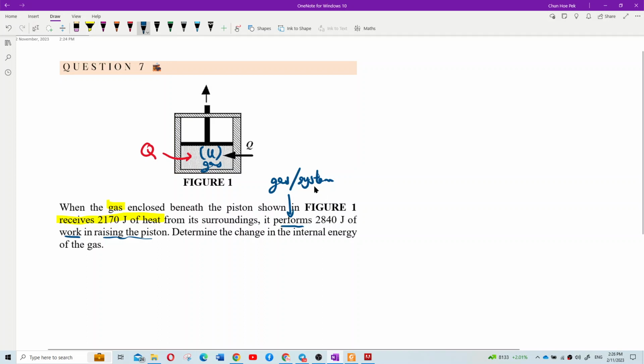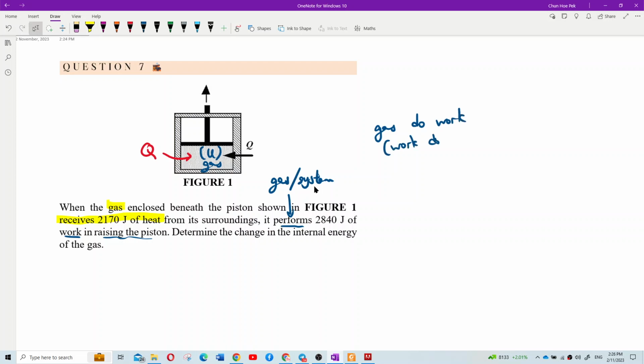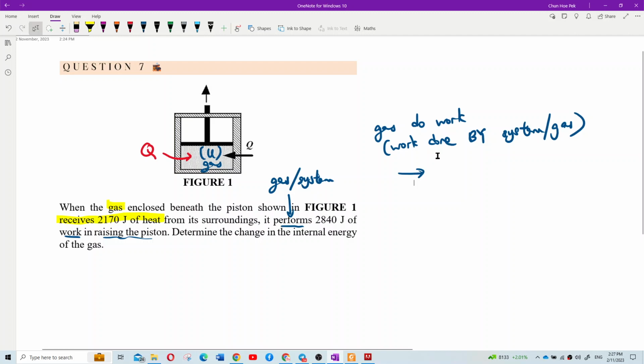If the gas does work, or we can say work done by system, or work done by gas, does the gas gain energy or lose energy? Tell me, class. If you do work, do you become more energetic or do you become tired? Lose energy.